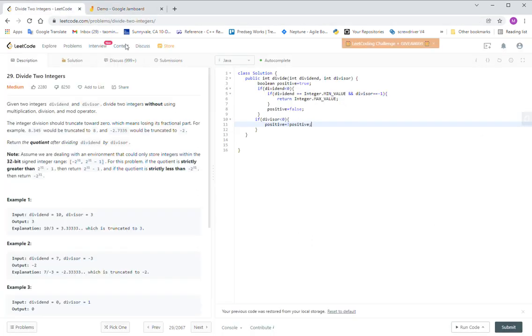So in this case, we should keep the calculating in negative path.